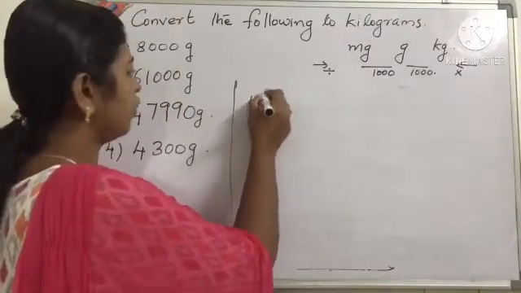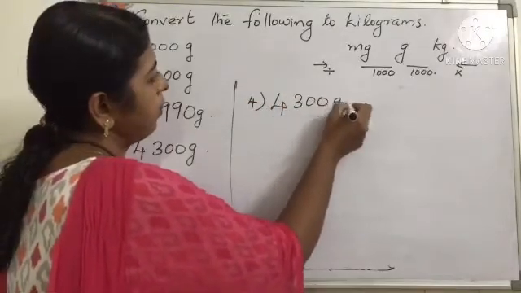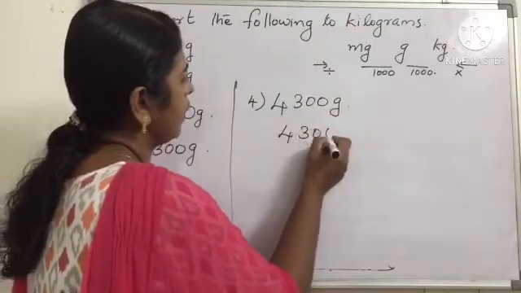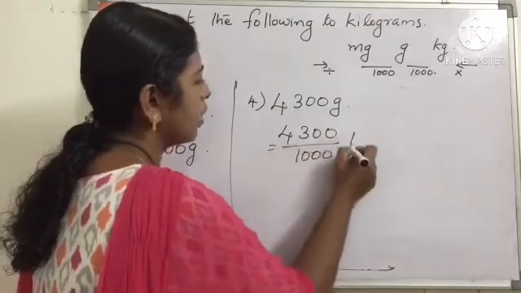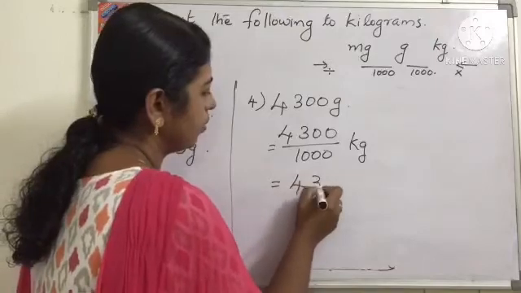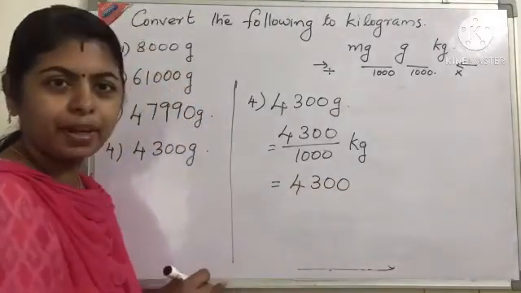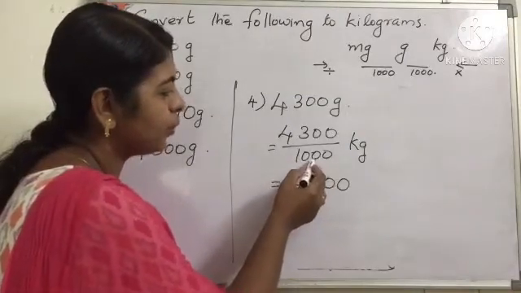4,300 gram. Okay, fourth question, 4,300 gram. To convert this, we want to divide by 1000, kilogram. So it's equal to, where do we want to give the decimal point? Here how many zeros are there? 1 2 3.